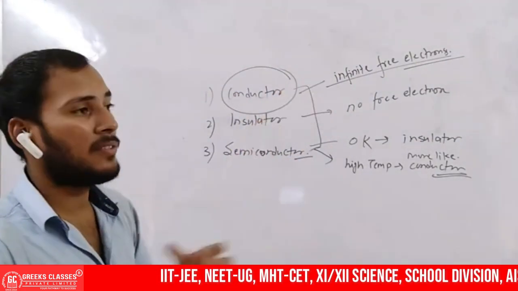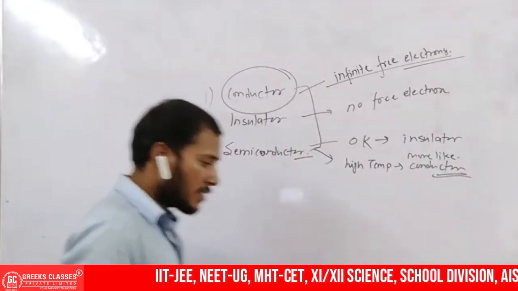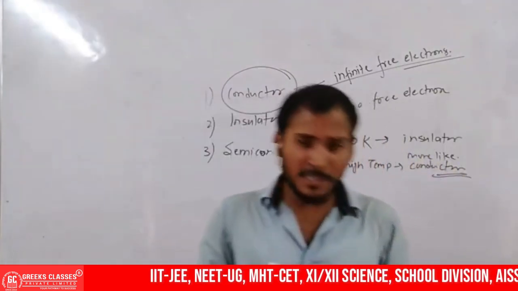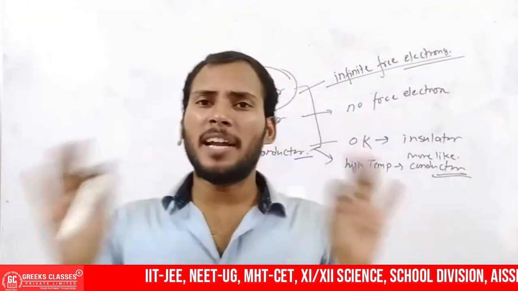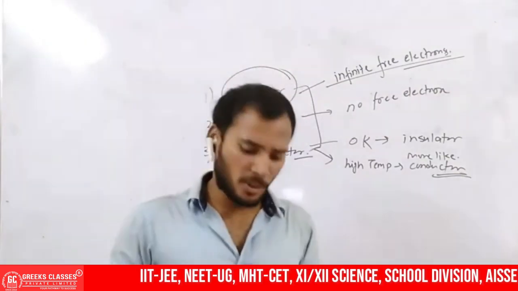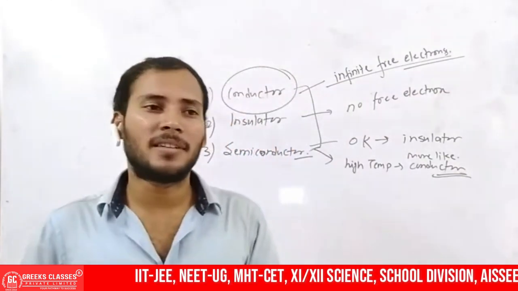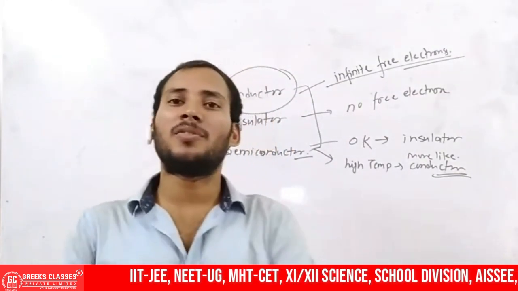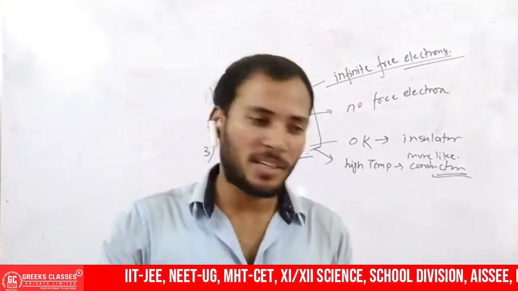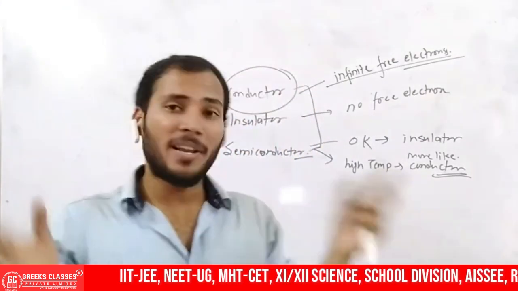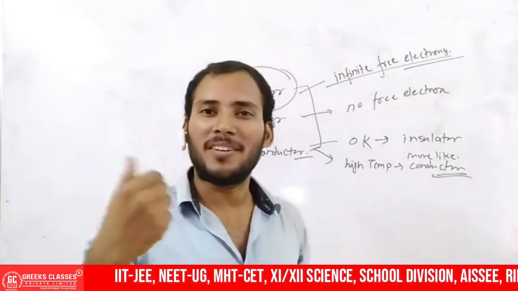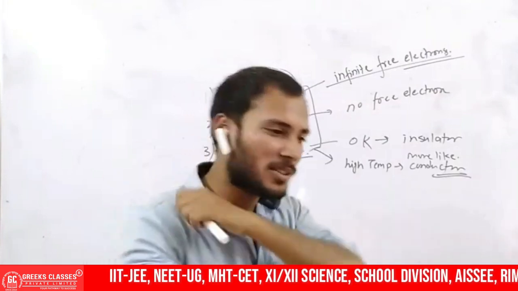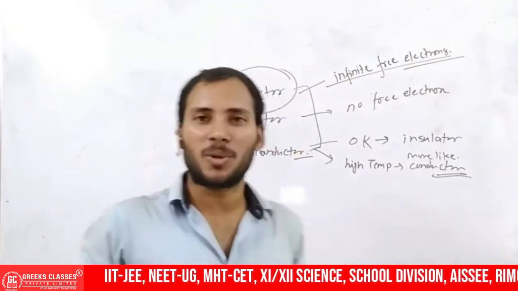So first thing is infinite free electrons. It simply means, let us say, you have infinite money, a huge amount of money. Let's say you are the owner of 10 billion rupees. You have a house, you have a villa, and the villa is full of notes.